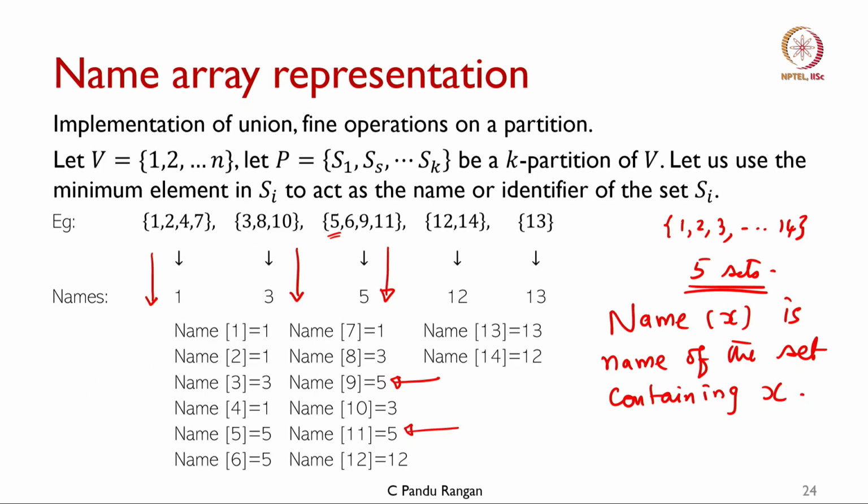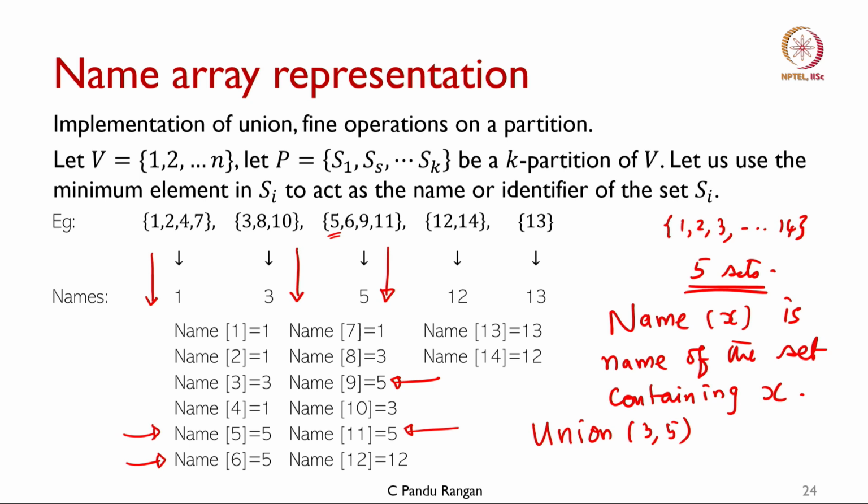Suppose I want to find the union of 3, 5. These are all the elements of 5, this is an element of 5, this is an element of 5. All of them will merge into one set.